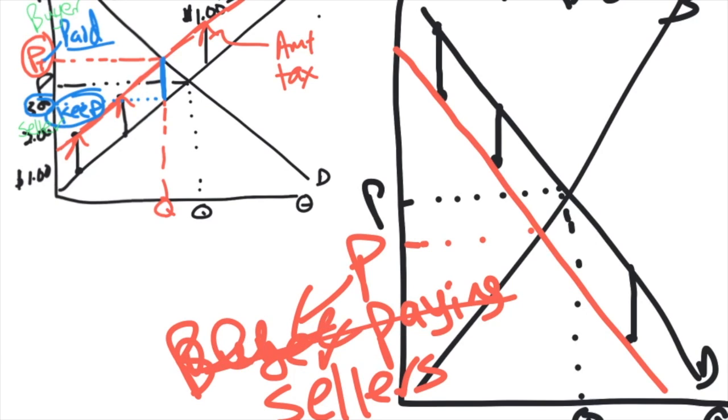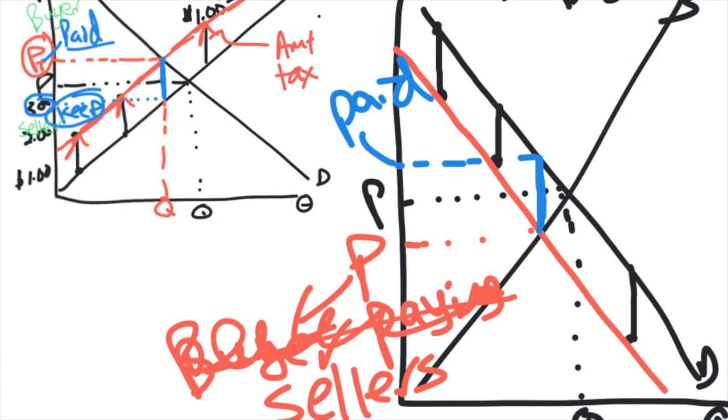Remember, they pay a tax on top of that. So how much do they actually pay? Well, they pay the amount that they paid down here, but then on top of it they pay a tax. So this is what the buyer actually paid with the tax.